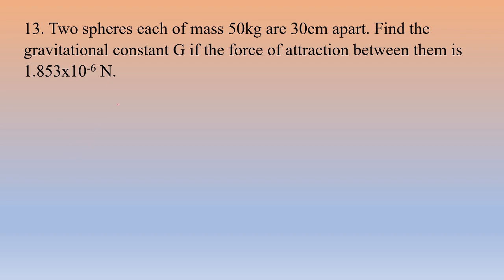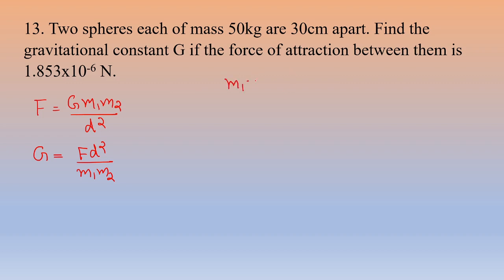Here we can use Newton's law of gravitation, and we know the formula capital F is equal to capital G into m1 m2 divided by d square. Here we are asked to find the value of capital G. So G is equal to F d square divided by m1 into m2.